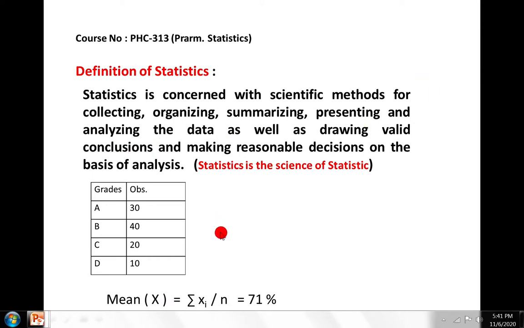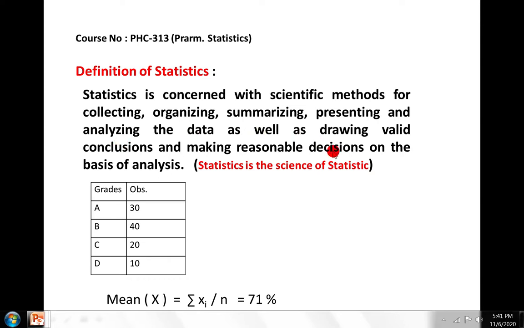Suppose a student obtained 40% marks, you can say the student has failed, or if a student passes less than 75% of courses, the student cannot be promoted to the next class. If a student obtains more than 50%, the decision will be that the student has passed. So the decision depends on rules and regulations.